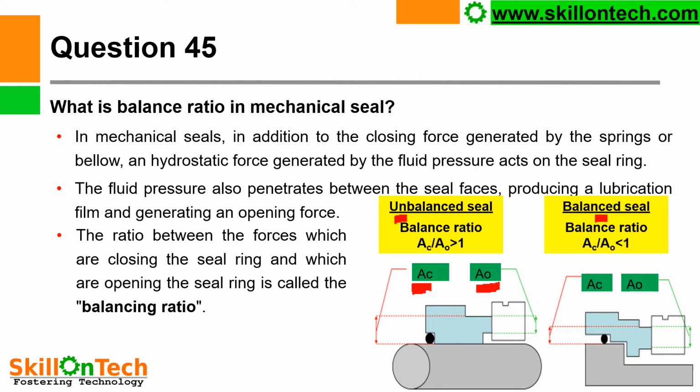The ratio between the force which is closing the seal ring and which is opening the seal ring is called the balance ratio. So if the closing area upon opening area ratio is greater than 1, then it is an unbalanced seal, and if it is less than 1, then it is a balanced seal. So you can clearly see in this picture.